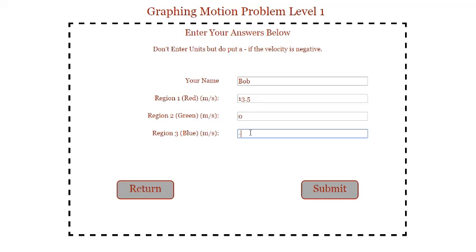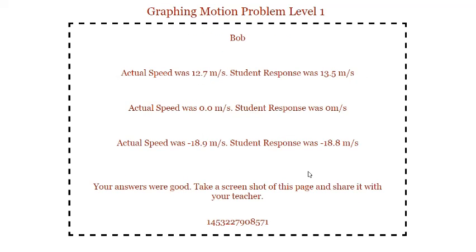And then for the last section, remember my velocity was negative, and it is very important to make sure you put the negative in there. Negative 18.8. We'll see if I'm right. And how do we do? Actual speed was 12.7, 0, negative 18.9. Our answers were good. We were close enough to what the computer had, with perhaps different values for the starting and end points, but we did pretty well there. So do yours in a similar manner.